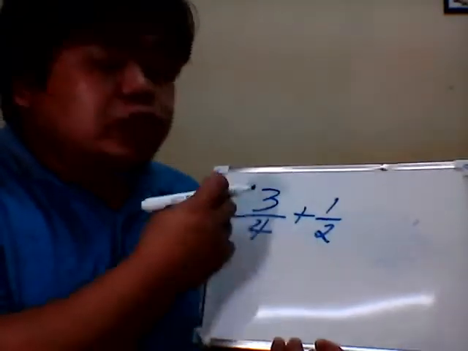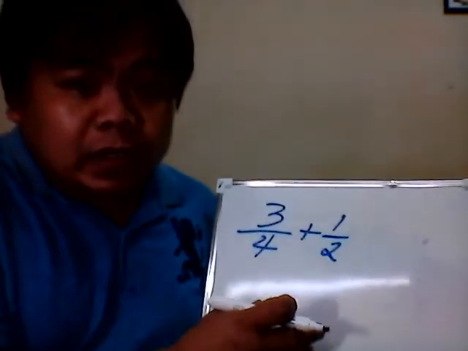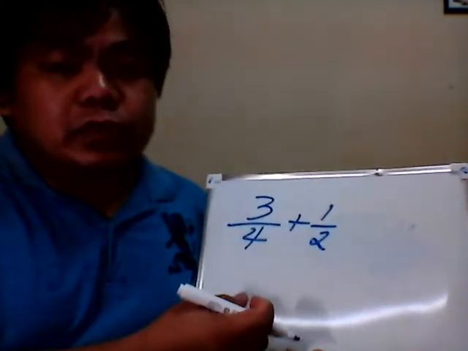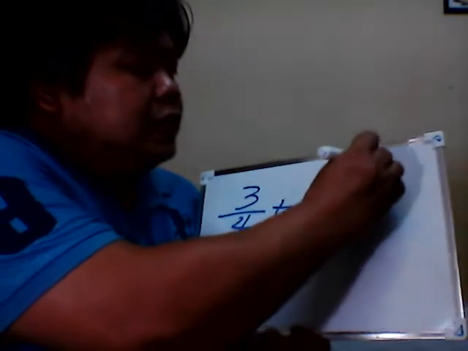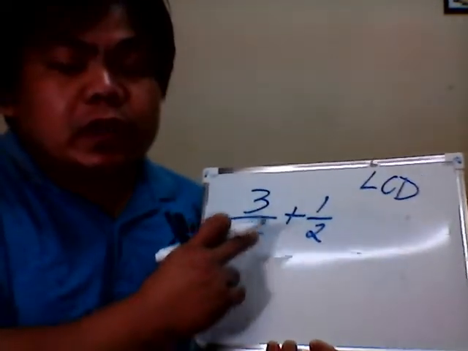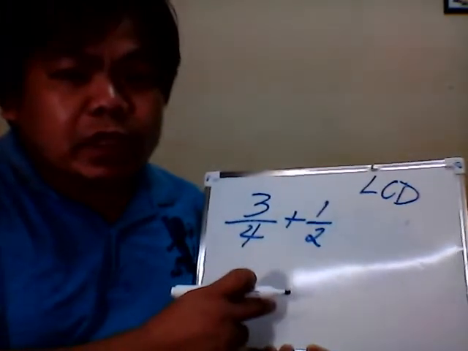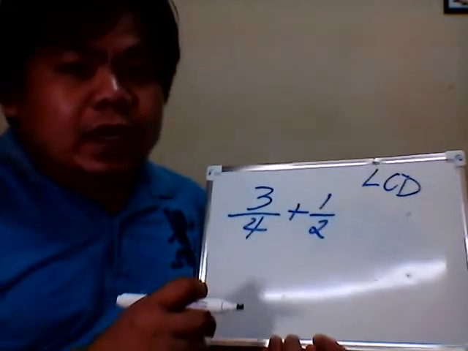You cannot simply add dissimilar fractions. We need to change this dissimilar fraction into similar. Okay? How are we going to do that? By simply finding the so-called LCD. We can change the dissimilar fractions into similar fractions by finding the LCD.